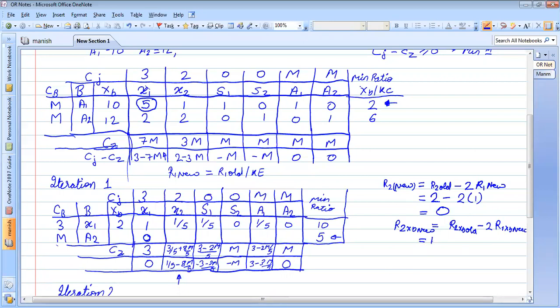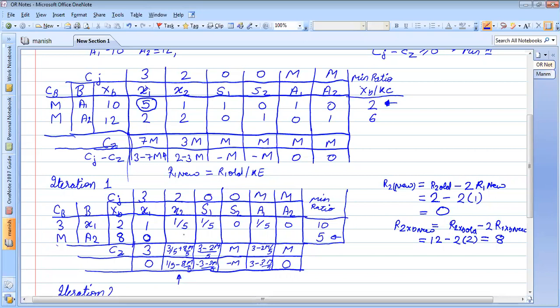That is equal to 12 minus 2 times the new value. The new value is 2. 2 times 2 is 4, so that is equal to 8. Got it? So here we are going to get 8.